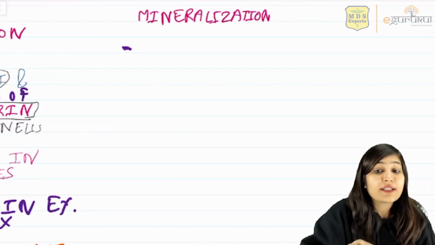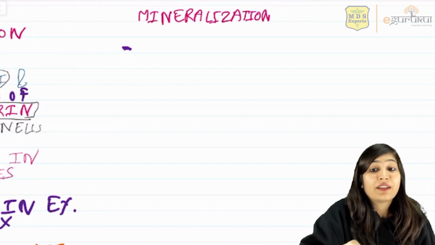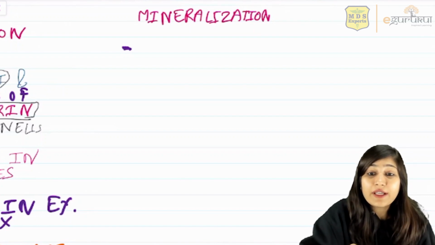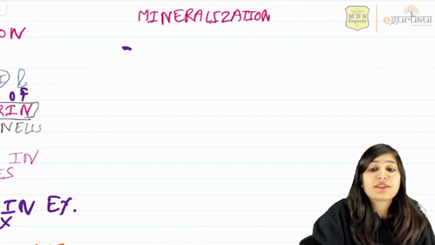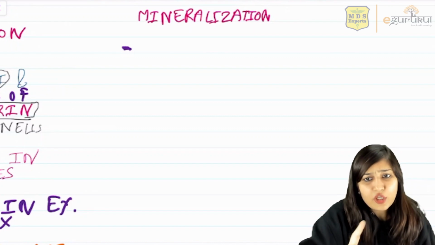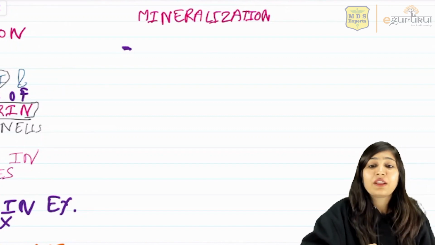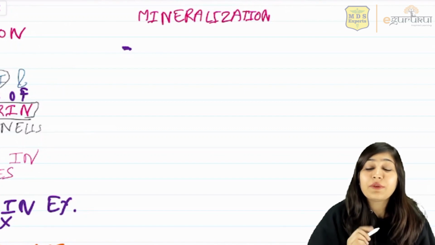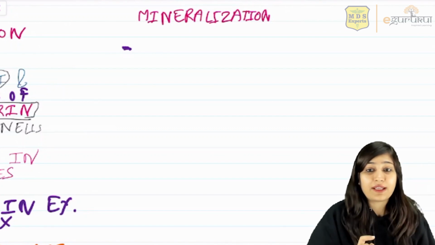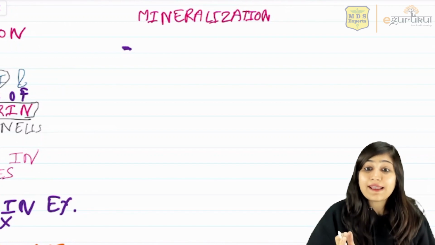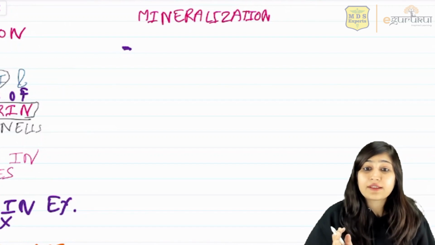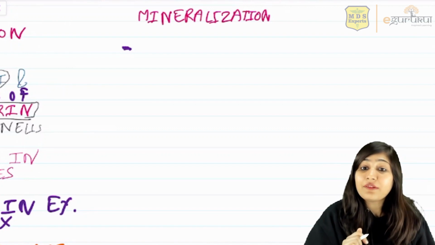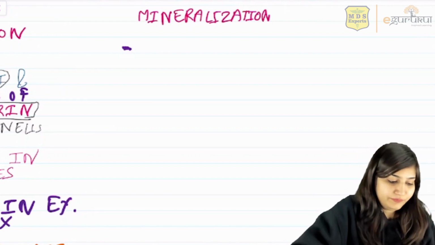I had also explained heterogeneous nucleation: they have nucleators, a template for mineralization. What are nucleators here? Non-collagenous proteins. So which is formed first, mantle dentin or circumpulpal dentin? Mantle dentin is formed first. So how does mineralization take place here? By matrix vesicles.